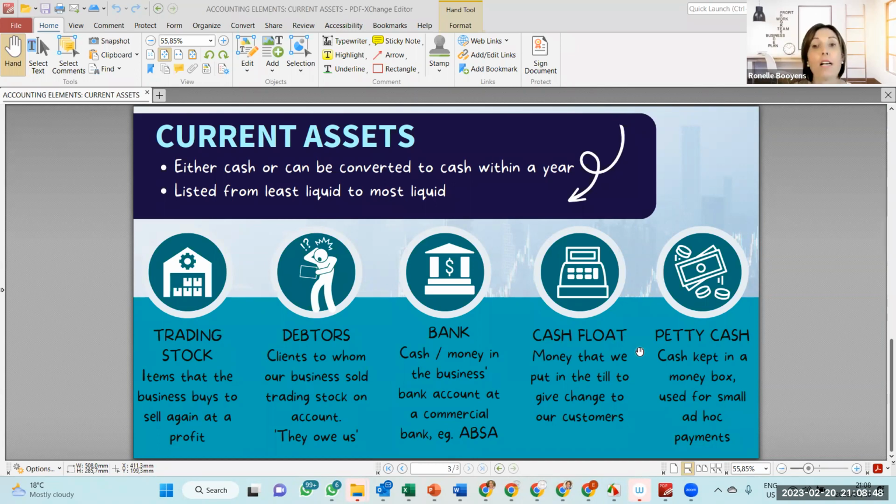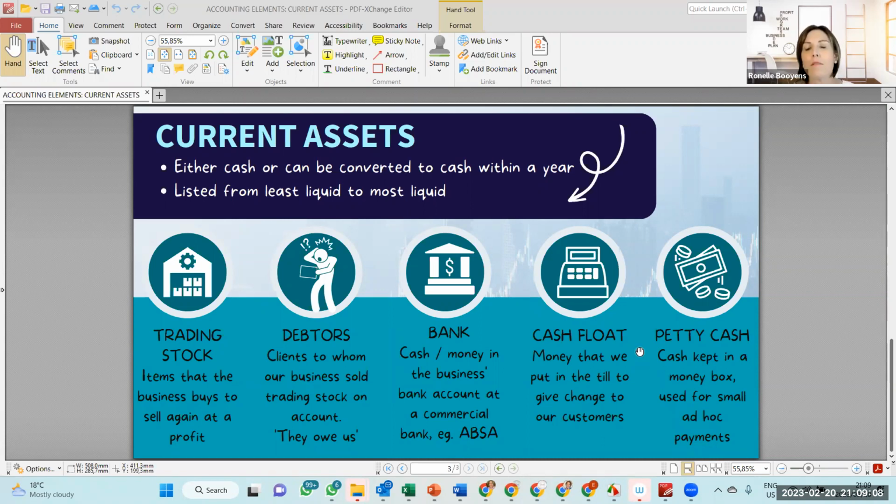If we have a retail store and we've got cashiers that work shifts, there will be some money that we put in the till, so that when the clients come and they pay with cash, maybe they pay with a R100 note, but we need to give them 37 Rand change, that change is then given from the cash float.